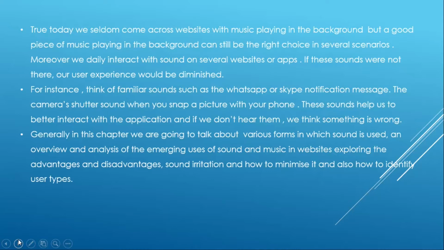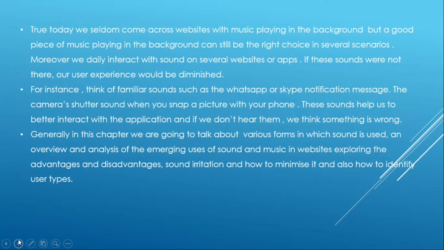So we use sounds to occupy both spectrums of the brain, the visual and the audio. For example, a familiar sound, just like a notification from WhatsApp when somebody sends a message, or the Skype notification message. Another example is the camera shutter sound.